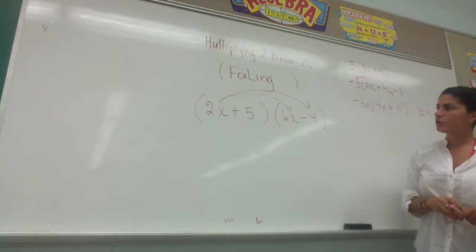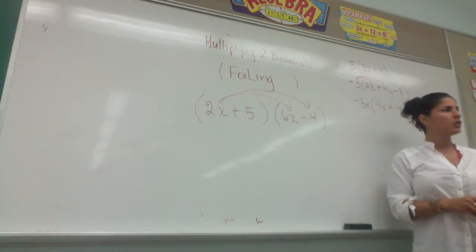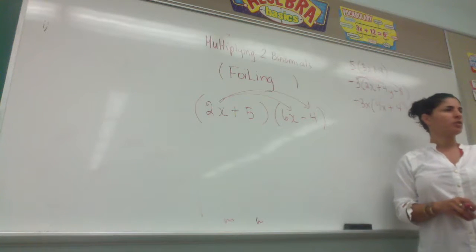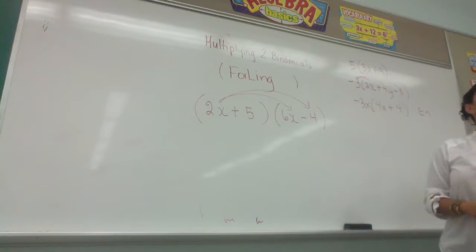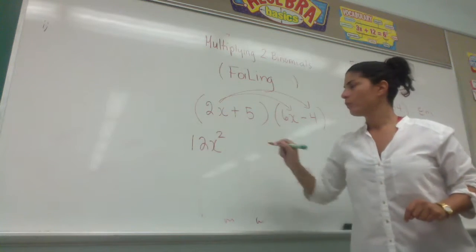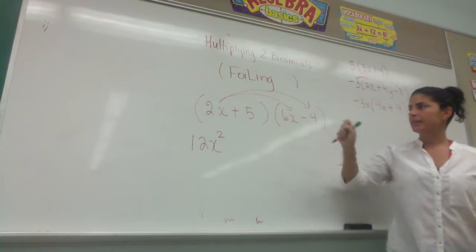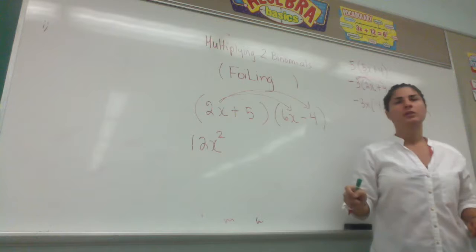Can we do that? So 2x times 6x. I've got 12x squared. Good. Where did we get 12x squared? 2 times 6 is 12.